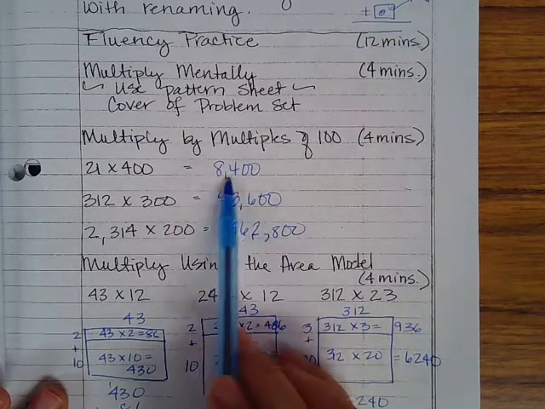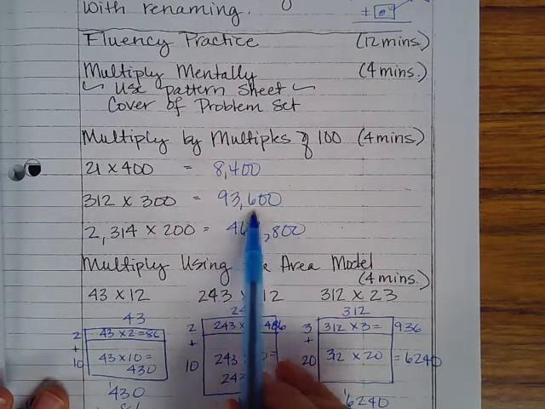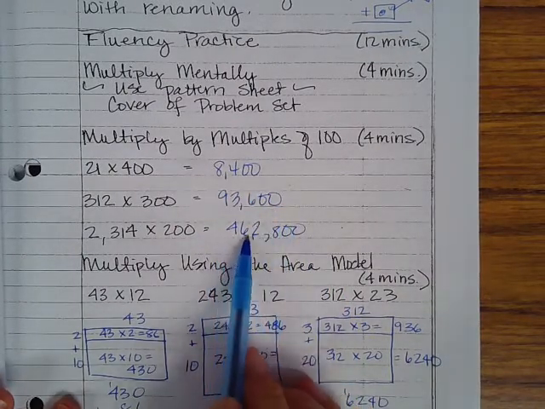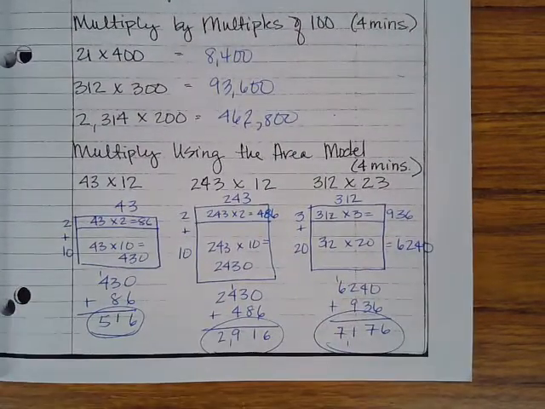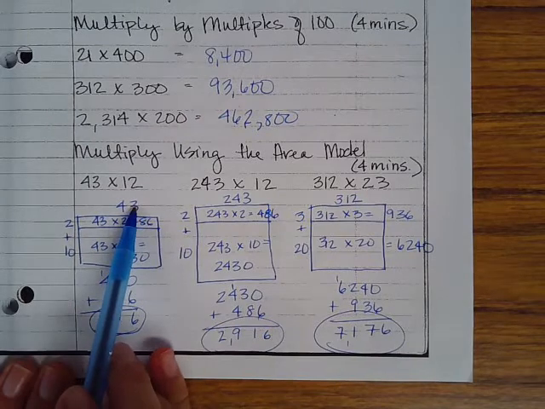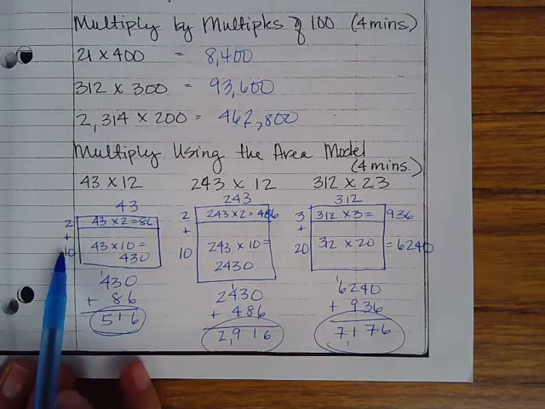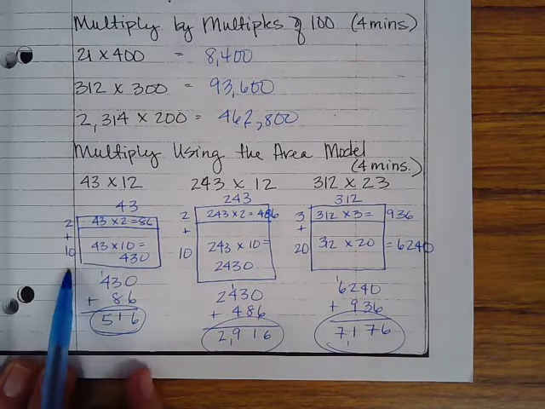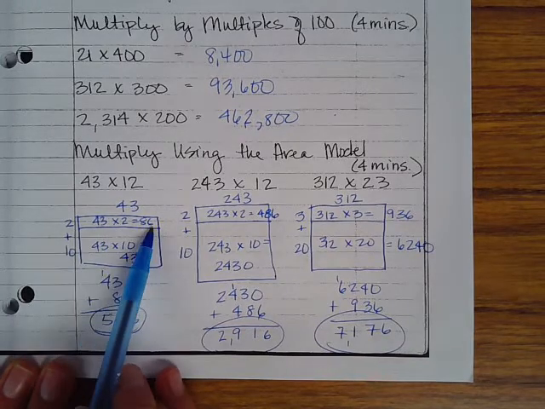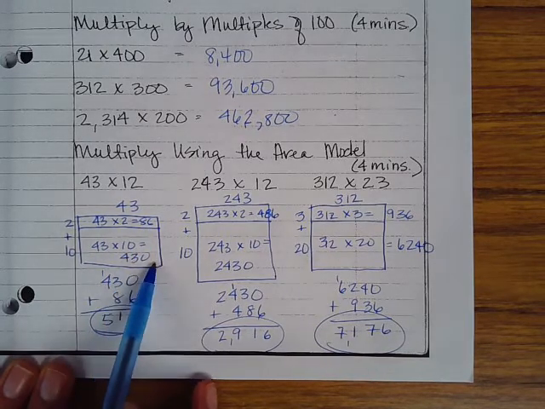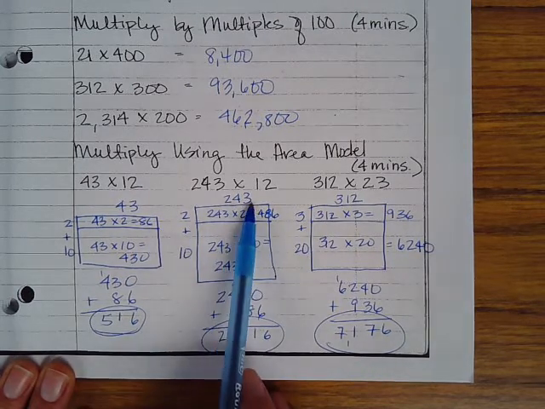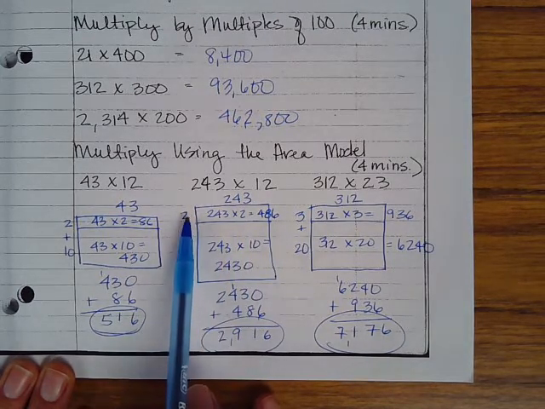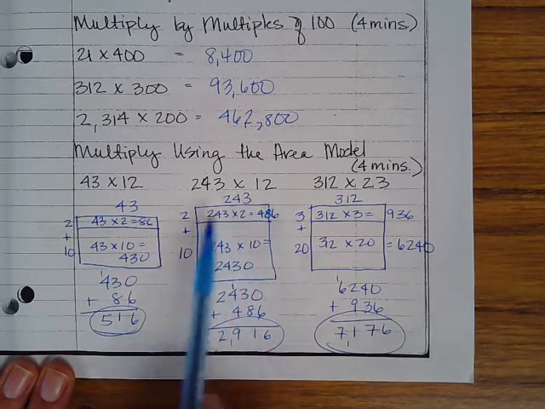So 8,400, 93,600, 462,800. Then using the area models. So 43 times 2 plus 10 is really 12. So 43 times 2 is 86. 43 times 10 is 430. Adding them up, 516. Then we have 243 times 2 plus 10 is 12.